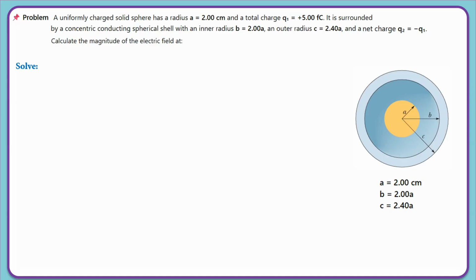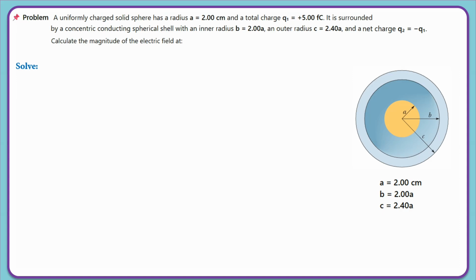If we look at the problem, we have a uniformly charged solid sphere surrounded by a concentric conducting spherical shell. The solid sphere has a radius A equals 2.00 centimeters and carries a charge Q1 equals positive 5.00 femtocoulombs.